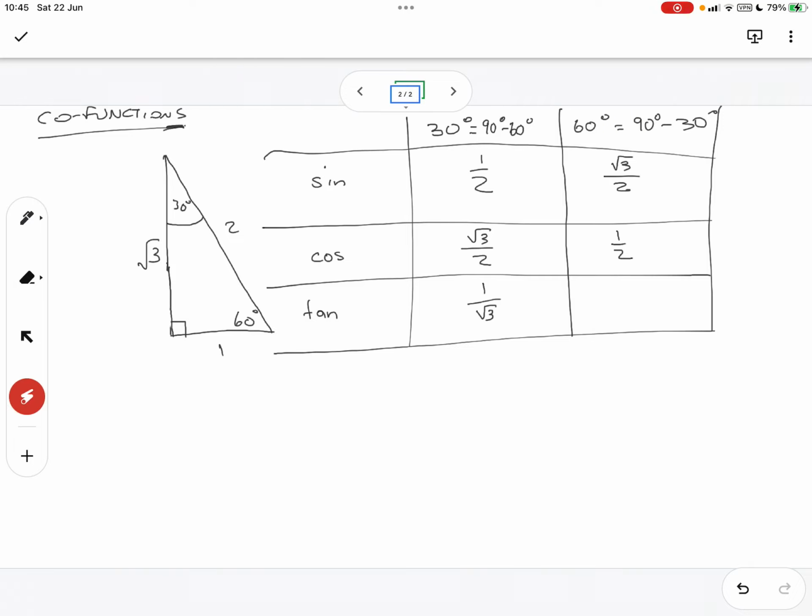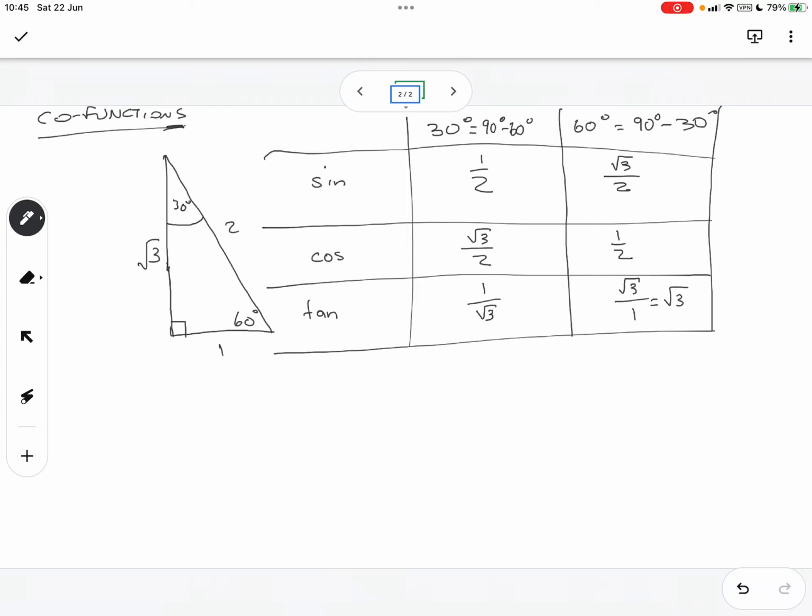Then for 60 degrees, the opposite side is square root of 3, 100%. And then the adjacent side is 1.